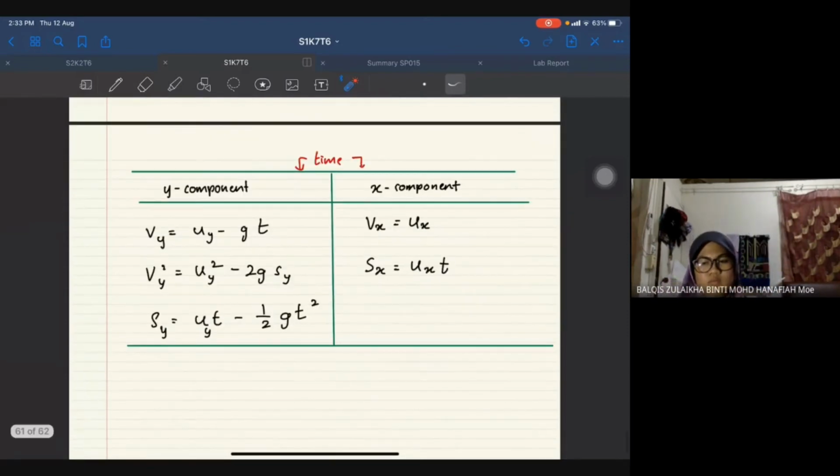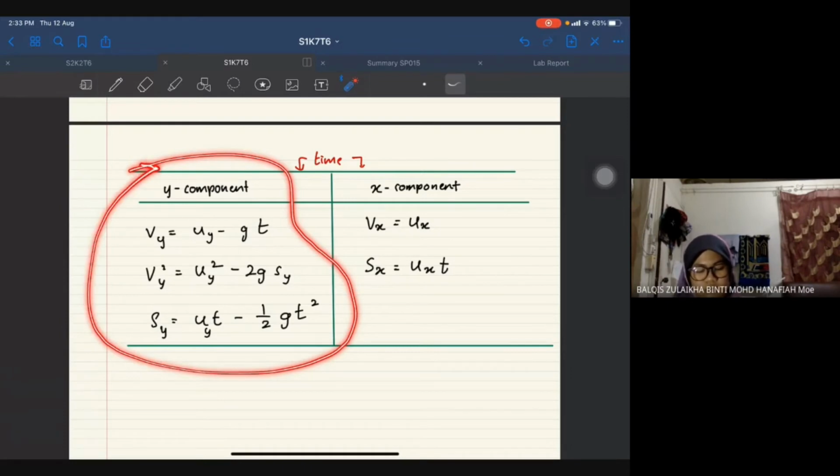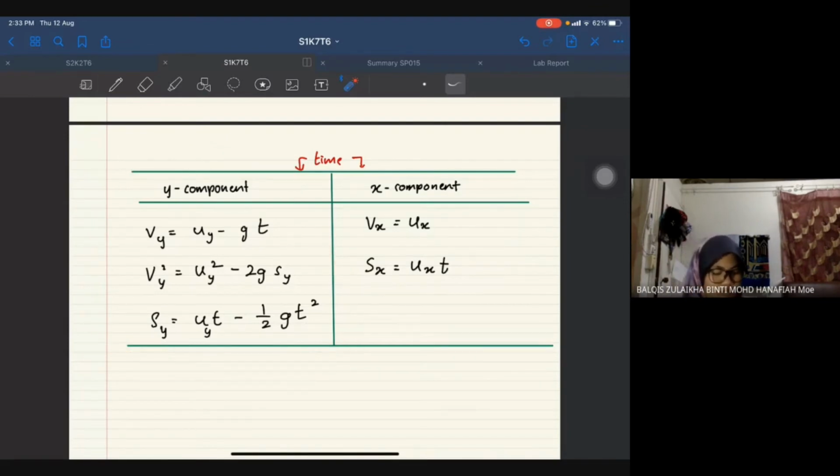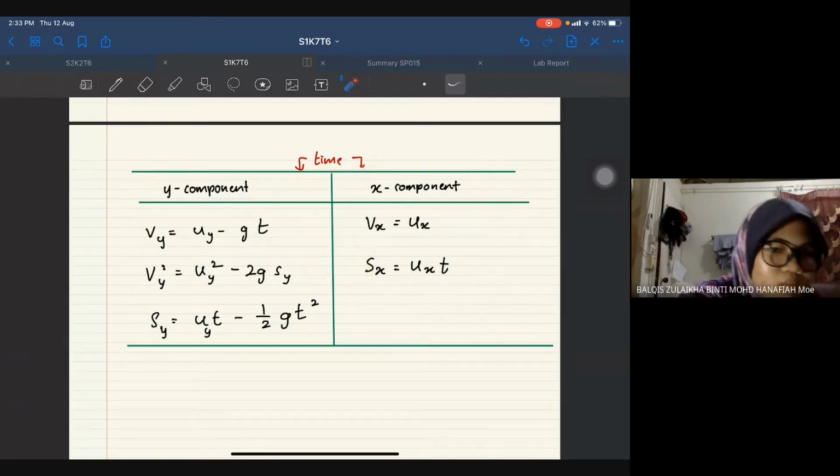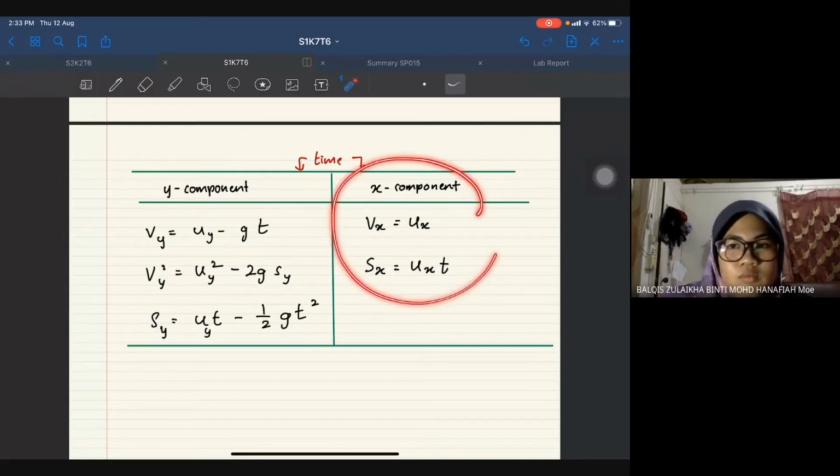So biasanya dalam exam kamu akan diberi lebih maklumat. You will have more information here. So normally you might have to solve the Y component first. In fact, if you look over here, the X component you only have two formula. Biasanya tak cukup. Kalau dikasih soalan yang boleh solve using X component straight away, biasanya sikit sangat markah dia, sebab direct.